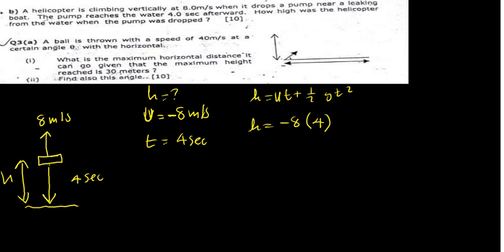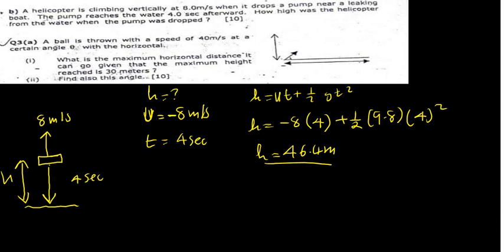And then remember, this pump is going down. This is going in the direction of gravity, so gravity is going to be positive. And then g is 9.8. And then the time here is also 4 squared. Work this out on your calculator. We should be able to get 46.4 meters. So that is going to be it for this one.